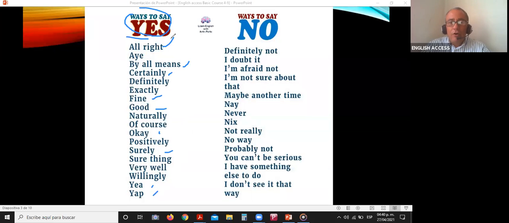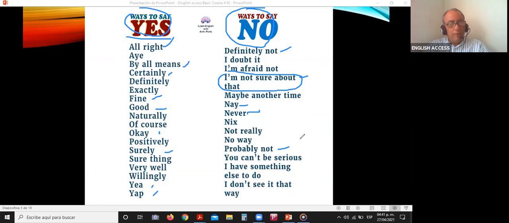These are forms to confirm that you are okay with something. Or ways to say no in different ways. Definitely not. I'm not sure about that. This is a complete phrase. I'm not sure about that. Nay, never. Probably not. No way. That's definitive. I don't see it that way. So there are many ways to say yes or no.